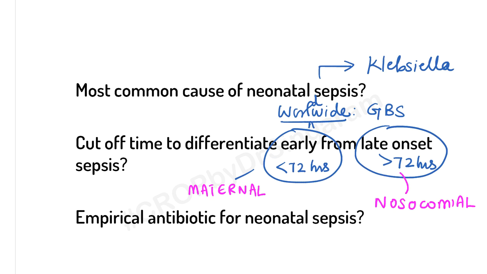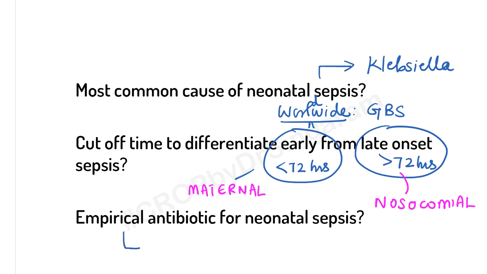Right. Now, one more question. Empirical antibiotic for neonatal sepsis. Remember, when we talk about empirical antibiotic, we need to give a spectrum which will cover both gram positive as well as gram negative organisms. You can very easily infer, no? Klebsiella is a gram negative organism, whereas group B streptococcus is a gram positive organism. So you need to give coverage for both.